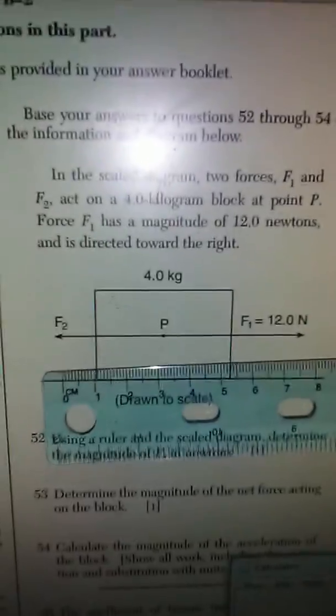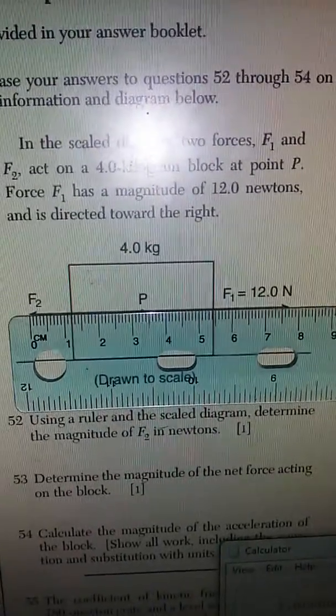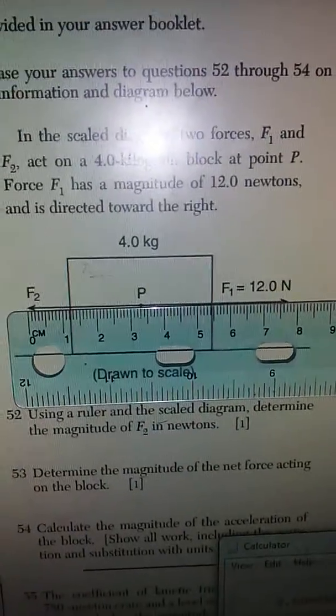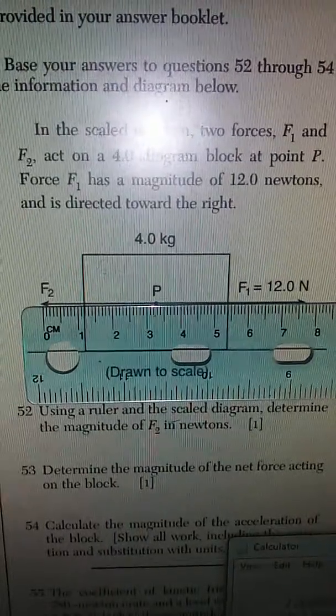Alright, let me go back to this. Measure the other one now. Okay, that's about 3.25 centimeters.